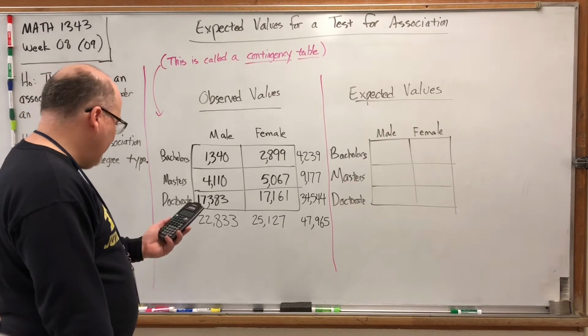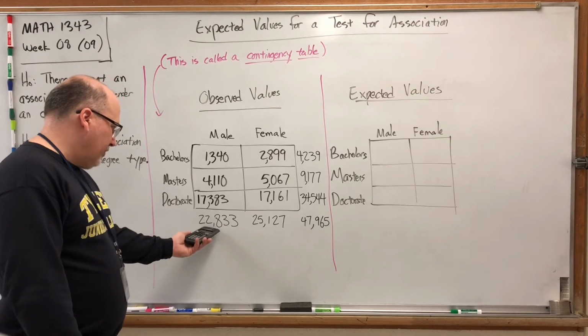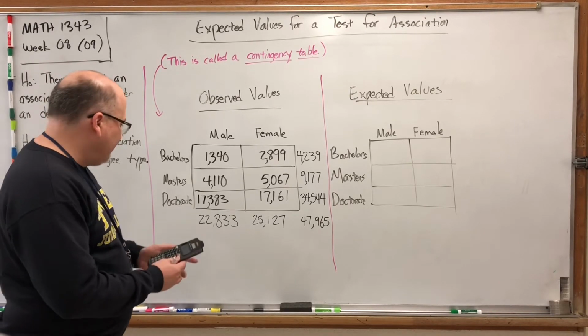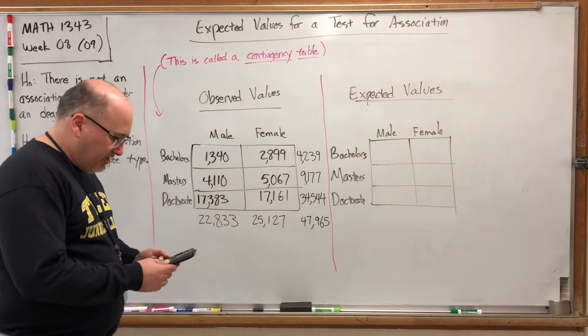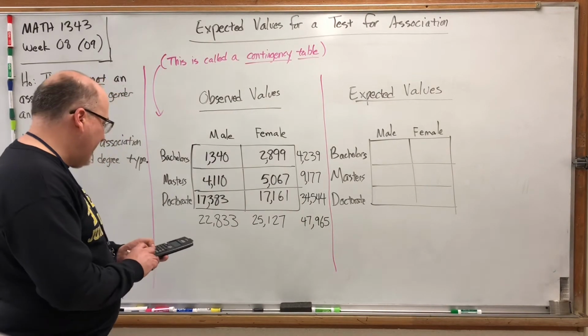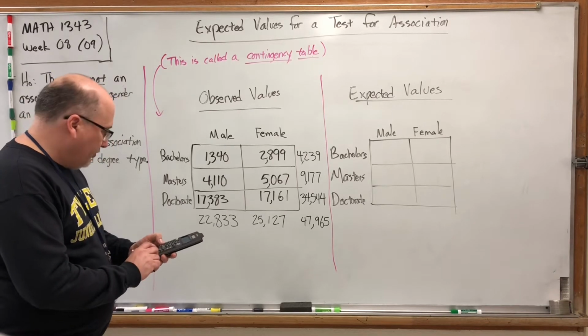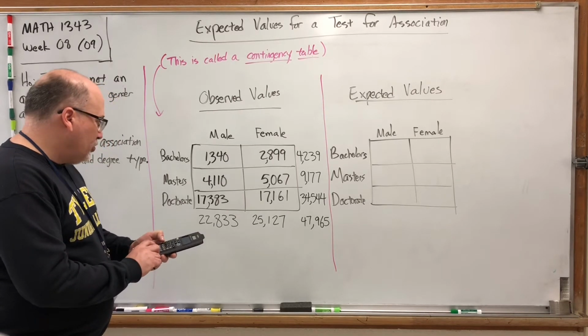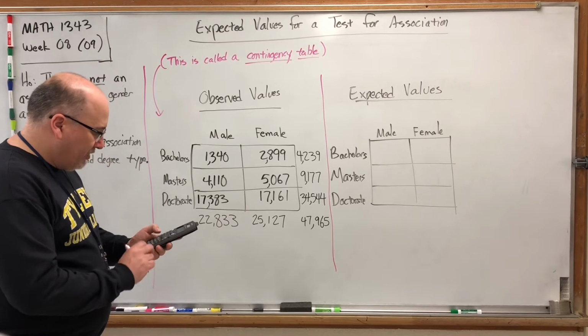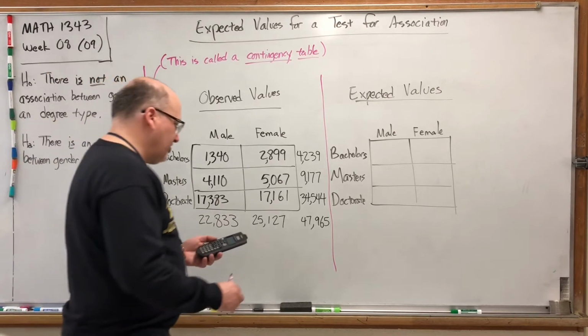I know what my discrepancy is. I mistyped this number. When I typed it, I typed 838 instead of 833, and I might have said that. So let's try adding up the bottom row again. 22,833 plus 25,127 is 47,960.